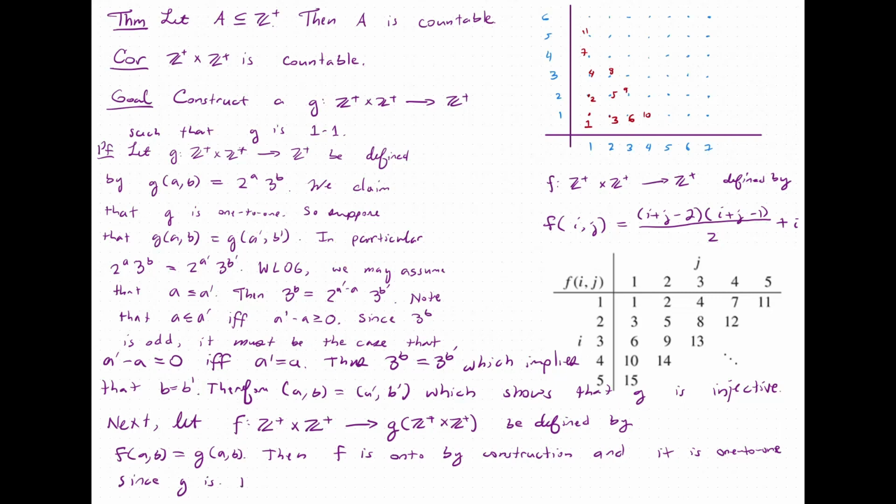Thus, f is a bijection and therefore we get that the Cartesian product of the integers with itself is equinumerous to the image of g, the image of the positive integers with itself under g.